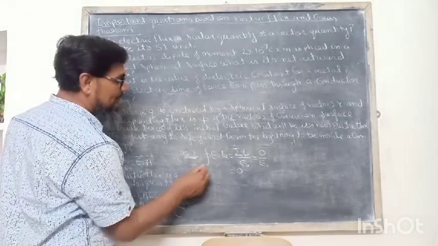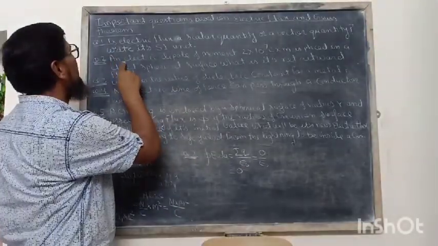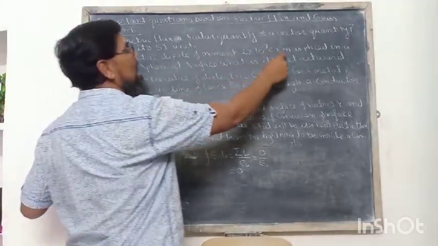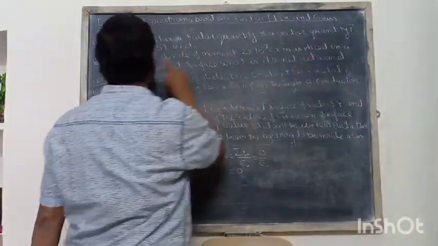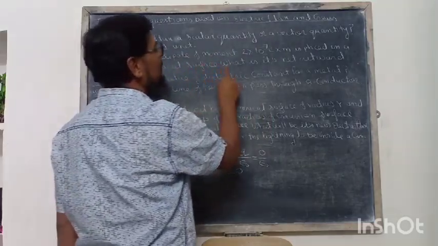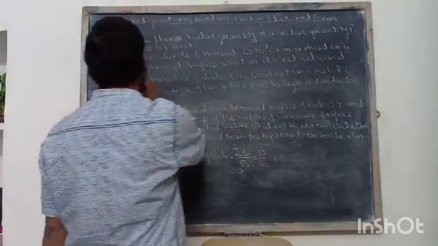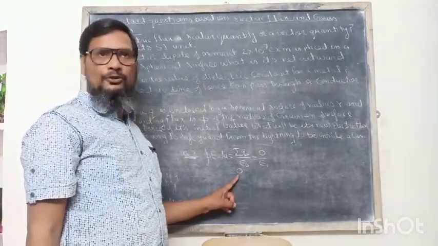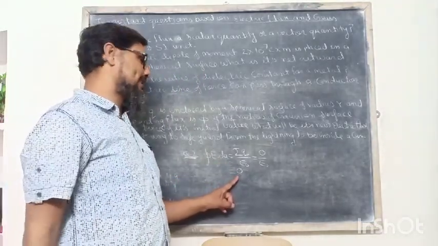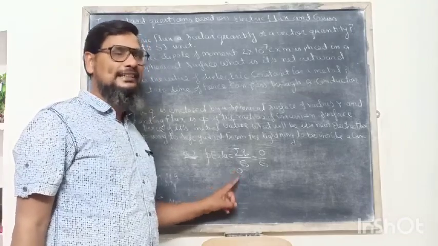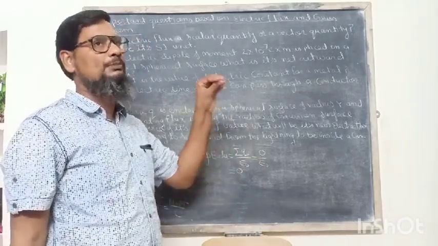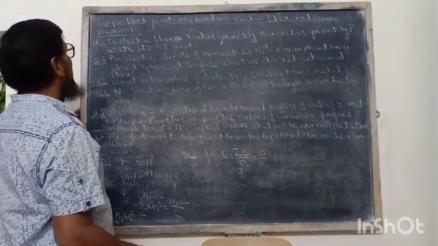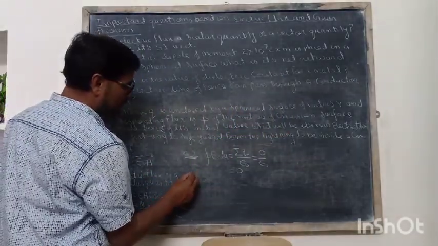So the answer to question number 2, an electric dipole of moment 2 into 10 raised to the power minus 7 Coulomb meter placed in a closed spherical surface, is that its net outward flux is 0. If 2, 3, 4, 5, 6 dipoles are placed inside the Gaussian surface, the net outward flux will also be equal to 0. So this is the answer of question number 2.